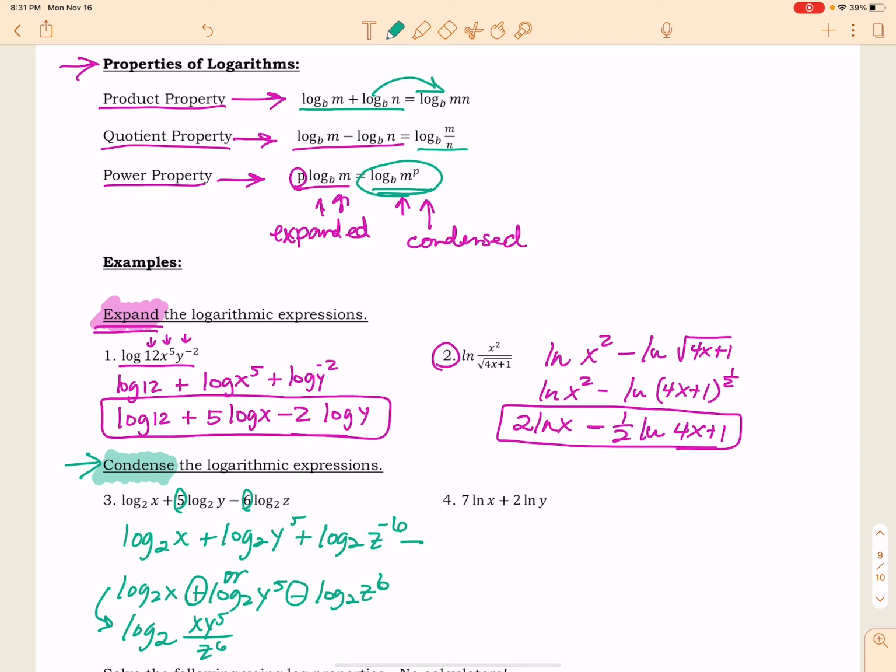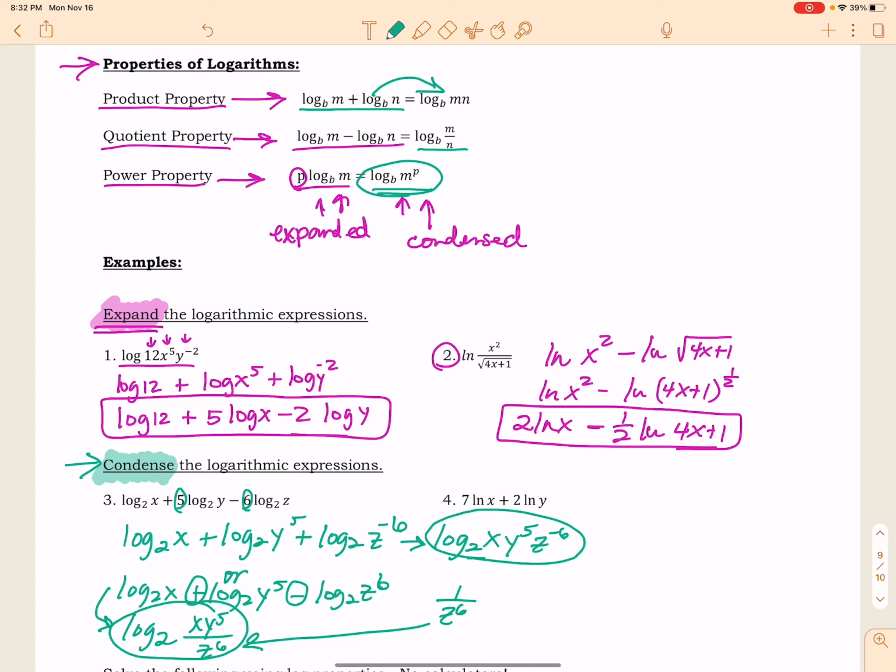But if we had stuck with using this one up here, we'd have log base 2 of x times y to the fifth times z to the negative 6. And if you'll recall, z to the negative 6 can be written as 1 over z to the 6th, which would have been exactly what that looks like. So you get two things that are equivalent. This can be your answer right down here, or this can be your answer. They're both correct.